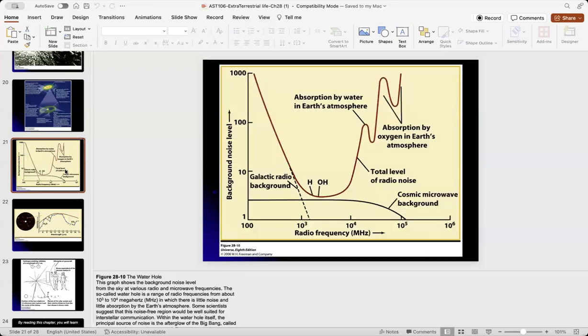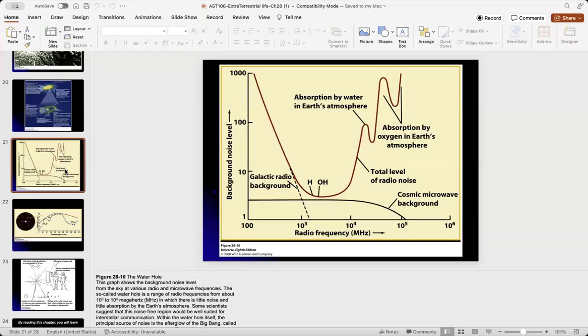One project that has been going on has been to listen for signals from alien civilizations. And we've been listening using radio waves. And the interesting thing is that there is a certain range of radio frequencies to which the Earth's atmosphere is very transparent.